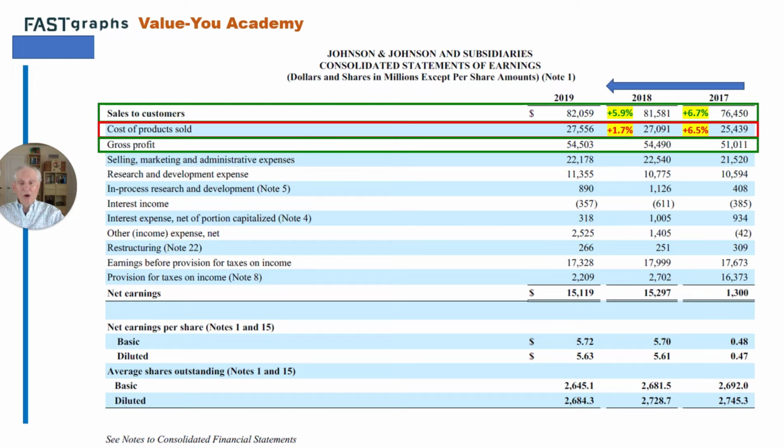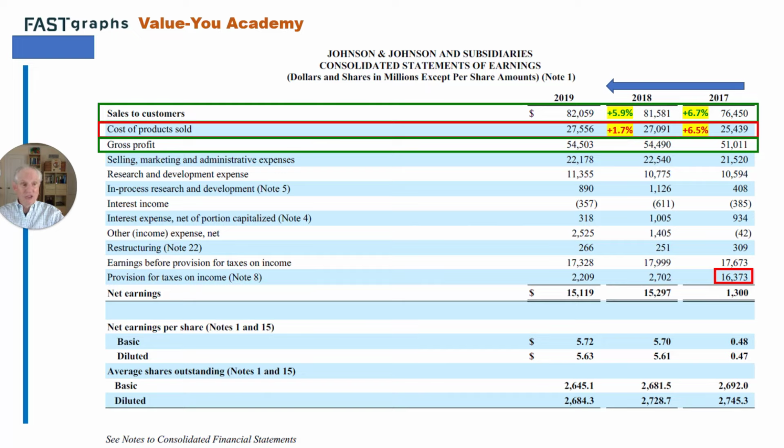On the bottom line, net earnings, we have 1 year that's very strange. Back in 2017, look at the taxes. I mean, they made 17.7 billion before taxes, but they paid 16.3 in taxes. Why? This was an anomaly. In this particular year, the government and the IRS said, if you've got a lot of profits sitting offshore, we'll give you a tax break if you bring them back this year and pay taxes.